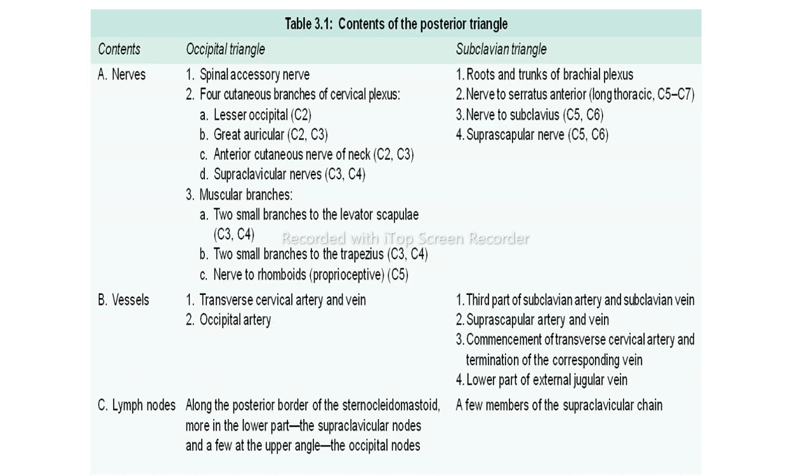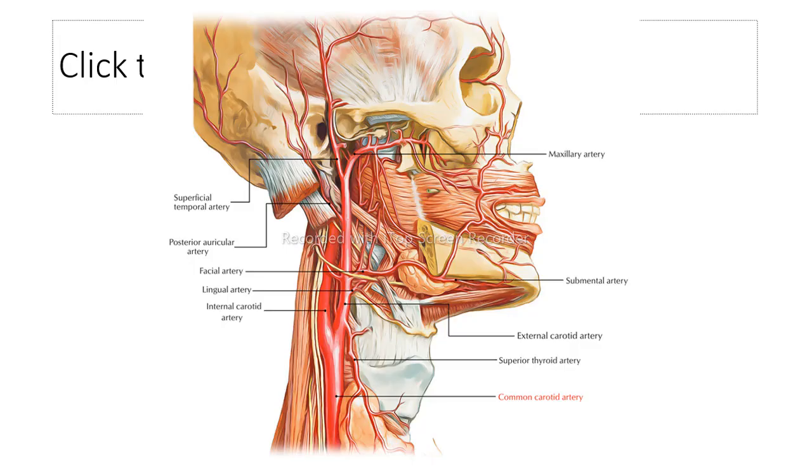Now the occipital artery. Here there is the external carotid artery; opposite the hyoid bone, the facial artery arises anteriorly, and opposite to it, from the posterior side, arises the occipital artery.